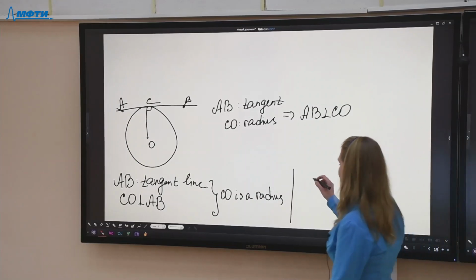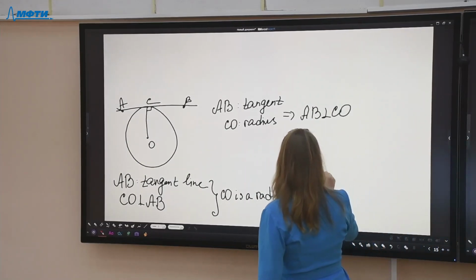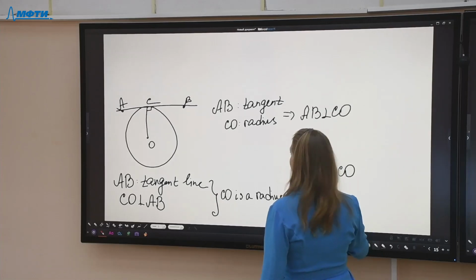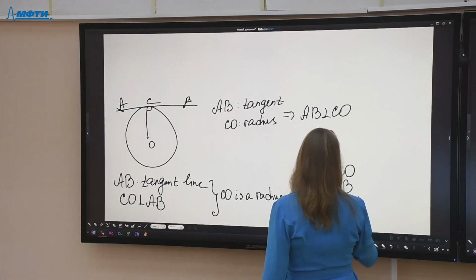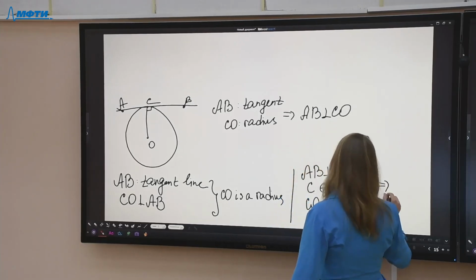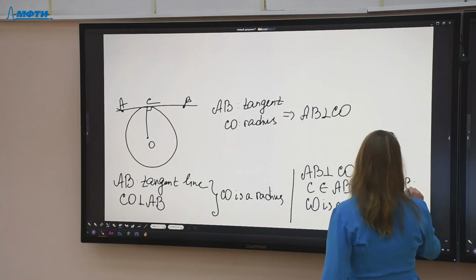So if AB is perpendicular to CO, C lies on AB, and CO is a radius, it means that AB is a tangent line.